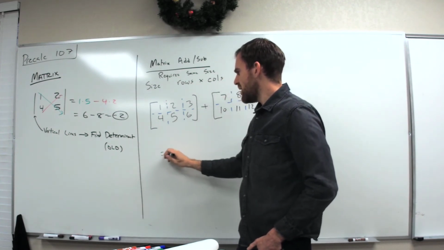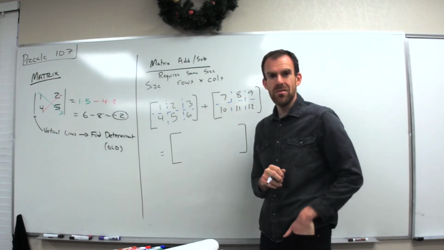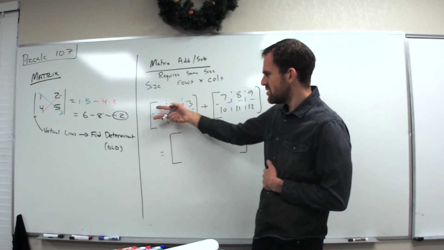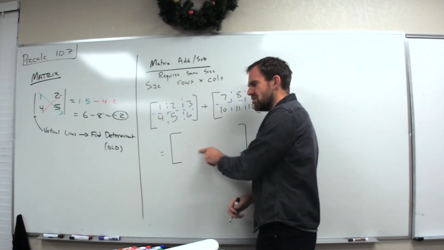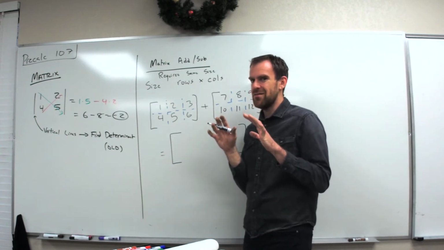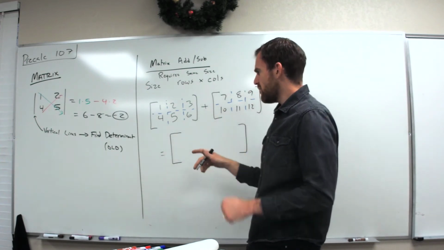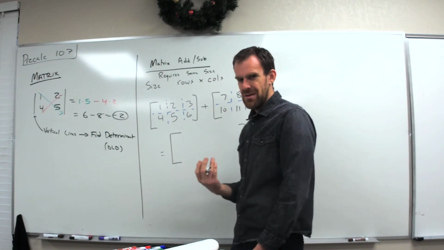It's going to be the exact same size as your original matrices. So if your original ones were 2 by 3, then your answer is going to be 2 rows by 3 columns. Now, this is really mind-blowing. Are you ready? For the number in the first spot of your matrix, just think of them as tables, okay?